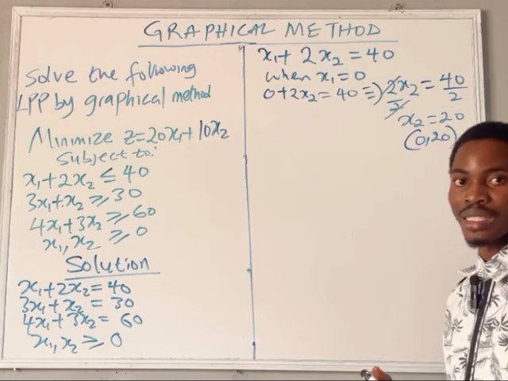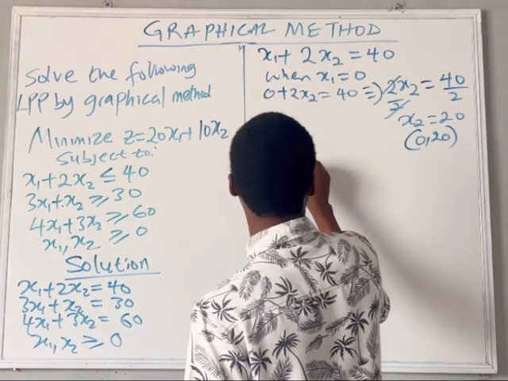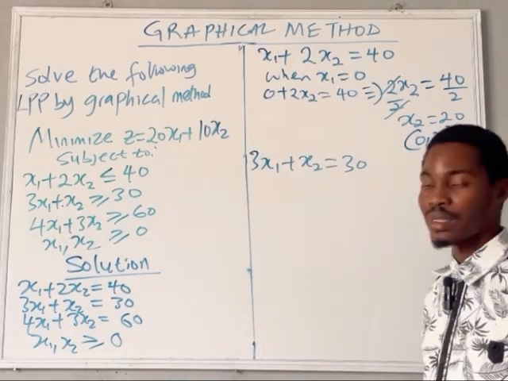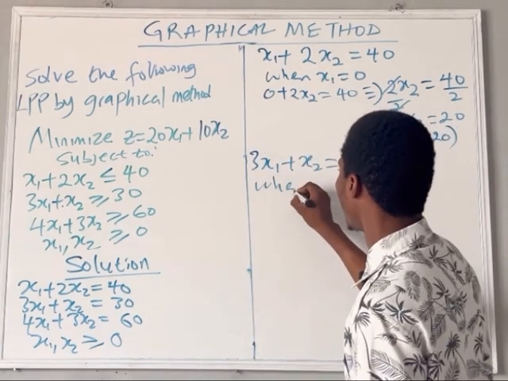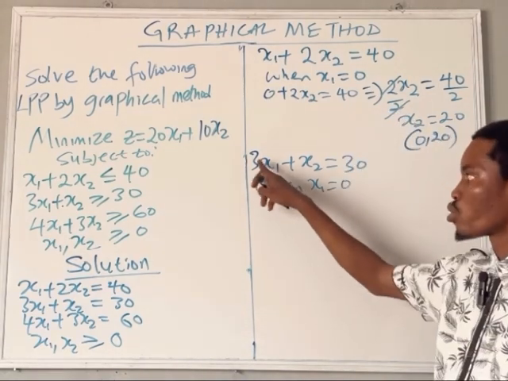So let's consider the second constraint: 3x1 plus x2 is equal to 30. When x1 is equal to 0, whenever we see x1, I'm going to put 0.